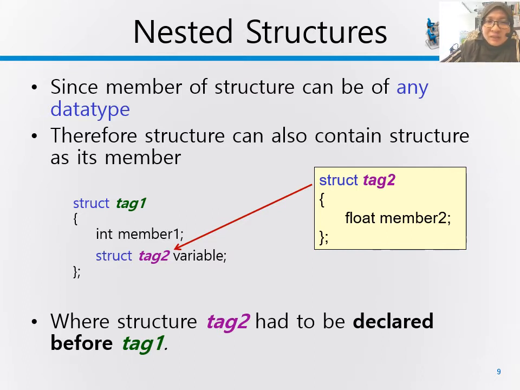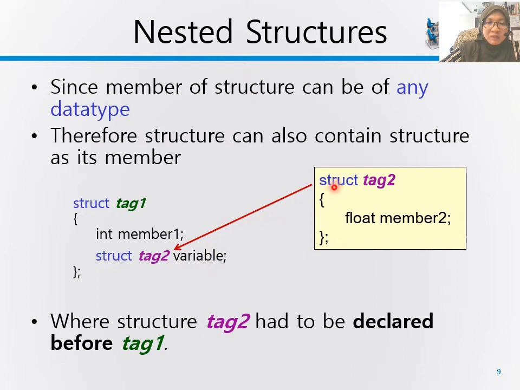Now is the nested structure. Since a member of a structure can be any data type, therefore a structure can also contain a structure as its member. We have struct tag 1, then we have integer member 1, then we have struct tag 2 variable.